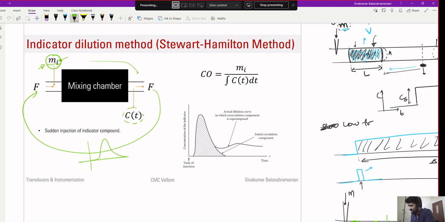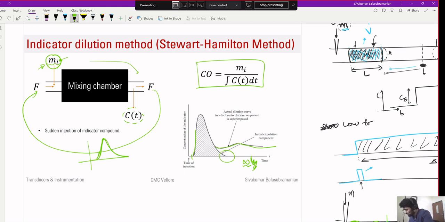Then a typical curve might not look like this. It might look something like this: it goes up and comes down, but it does not go to zero, because some dye might stay around. If you take the area under this, it does not die down at all, so it can go up to infinity. So you can underestimate your cardiac output.